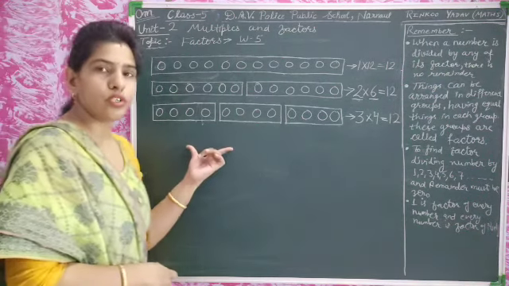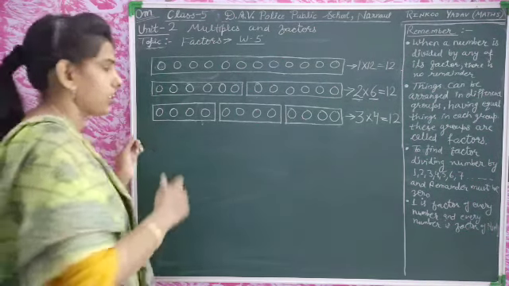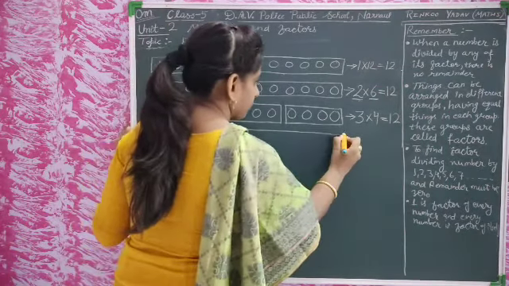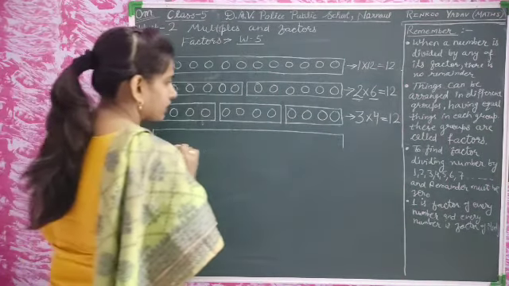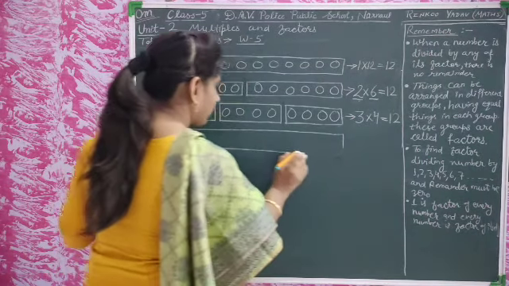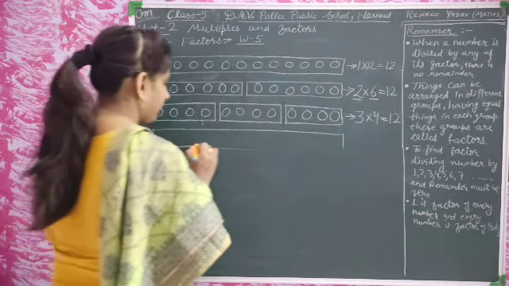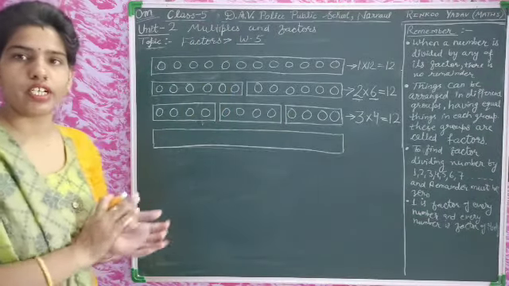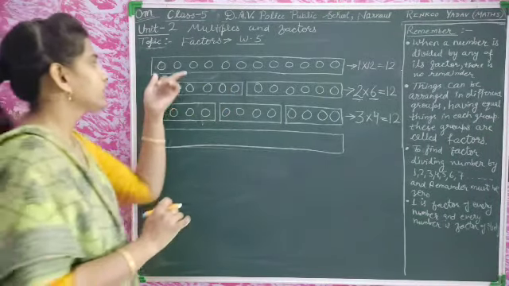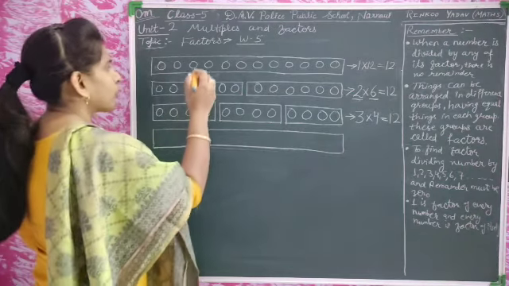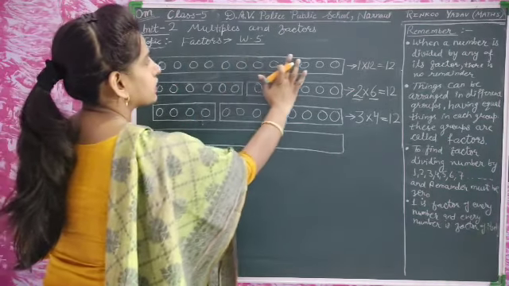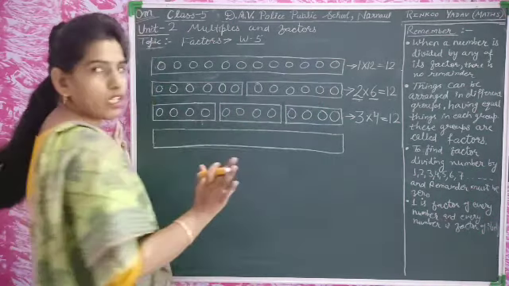And now we are doing again the same groupings here. These 12 things are divided equally into 4 parts. Yes, we can divide into 4 equal parts. How? Check it here. 3, 3, 3 and 3. No left out.